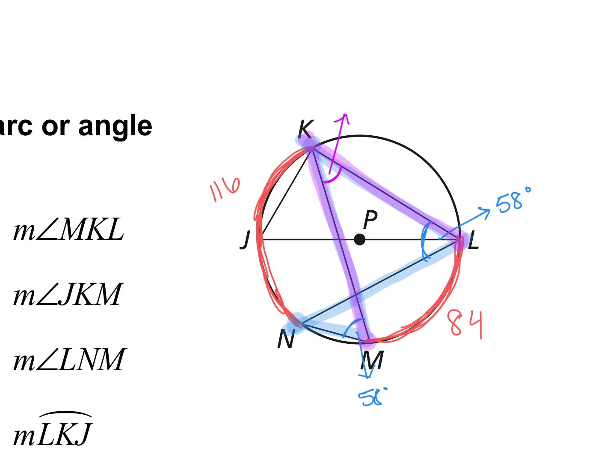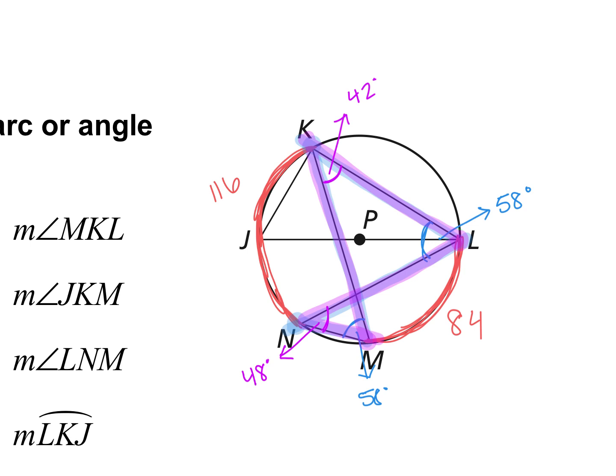I also have another inscribed angle right here. Okay, so again, yes, my lines are overlapping, but look at where I'm putting my angles. They're in 2 different positions. So now how would I find these angles? 84 divided by 2. I'm still dividing and I'm going to get 42 for both. And I'm still not done.